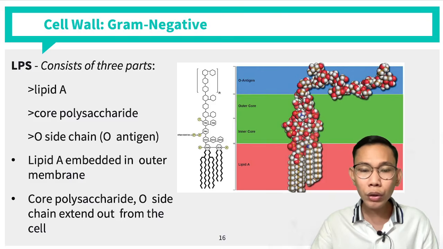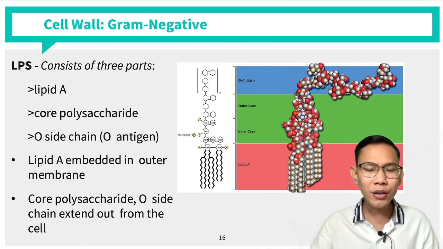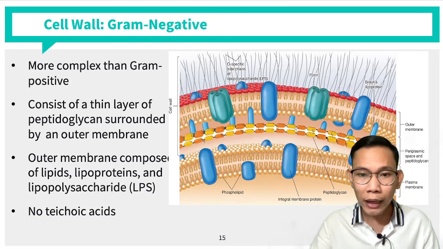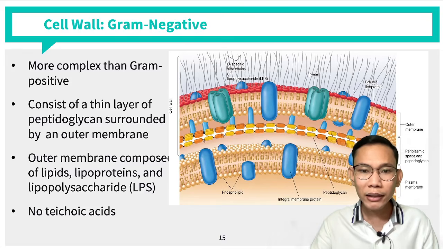So your core and your O antigen extend to the outer part of the cell. So doc, saan po ba dun yung lipopolysaccharide? This is actually now your lipopolysaccharide, parang this kind of filaments. So as you can see, the outer part is composed of your O specific side chain of your polysaccharide. This part is outside your outer membrane.